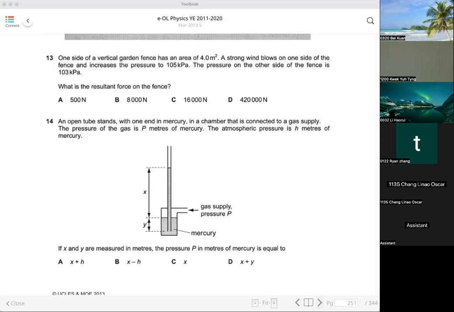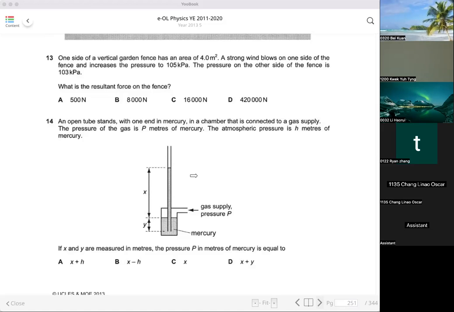Okay, Huaxing, you try again. Okay, Bei Kwan incorrect. Okay, Huaxing, well done now.